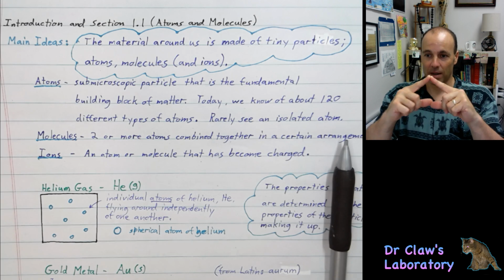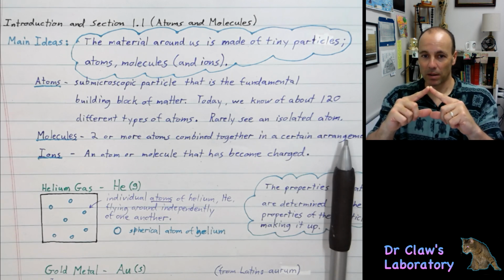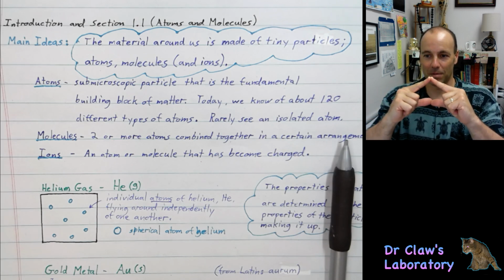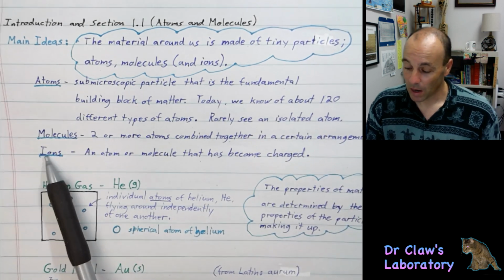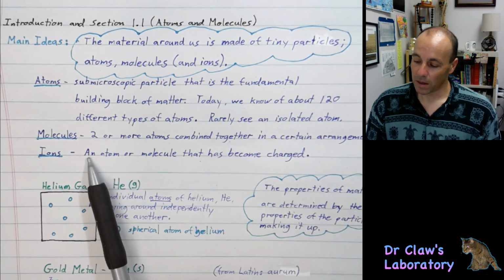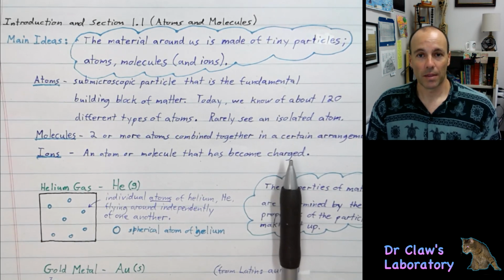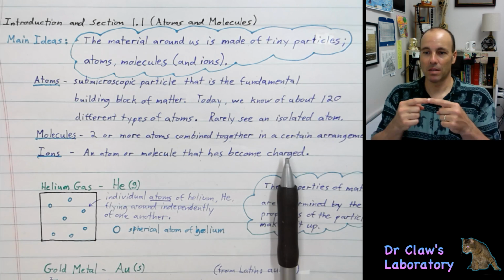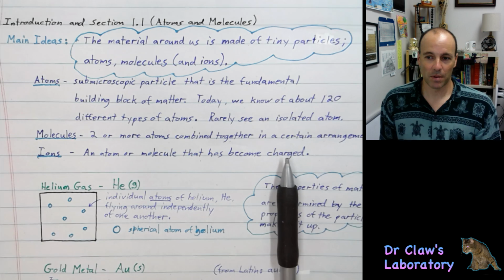And it's like a triangular shaped molecule. All water molecules look like that. They're not straight, they're triangular shaped. So a certain arrangement of the atoms in a molecule. Ions are an atom or molecule that has become charged. We'll later learn that there are positive ions and negative ions, and opposite charges attract, and that affects the behavior of ions.